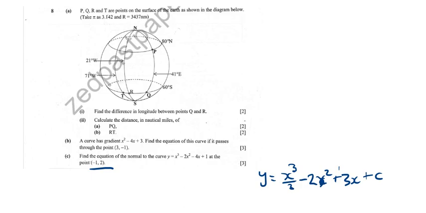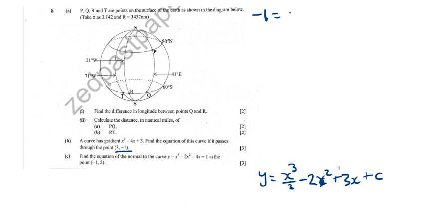So we say 2 is equals to... Sorry, I mean this point is for C. These are the points which we have been given. So we have been given this point which is 3 and negative 1. So you say y is equals to negative 1.